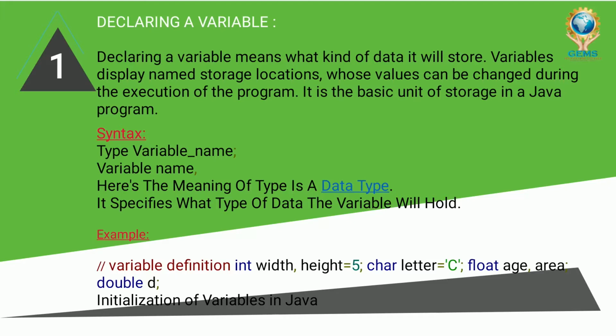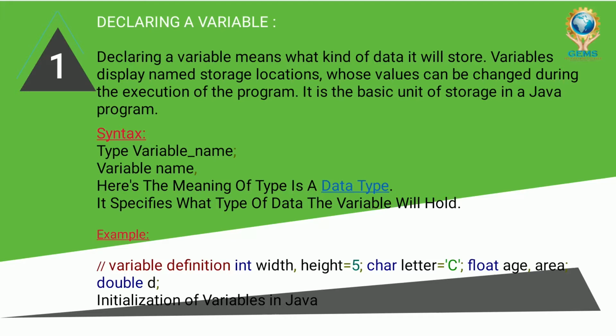So what kind of data will it store? We already discussed data types previously, primitive and non-primitive data types. Primitive data types are classified into 8 types, and these 8 types tell us about the kind of data.